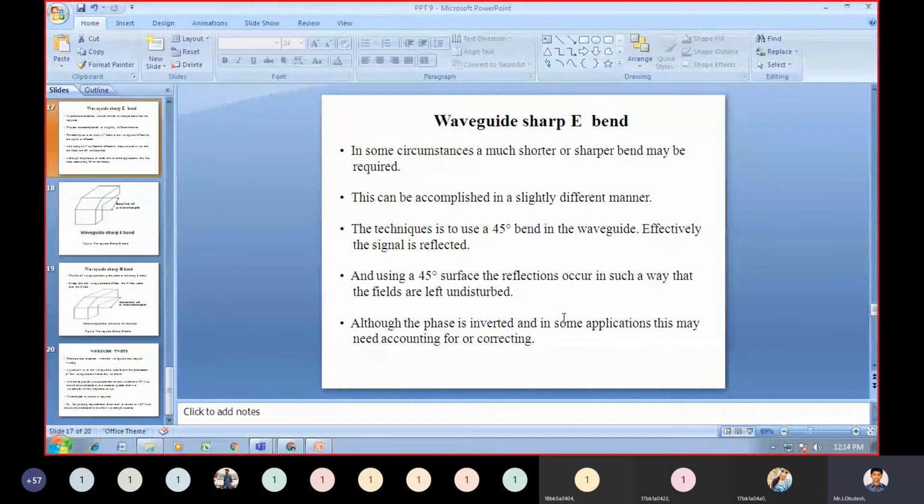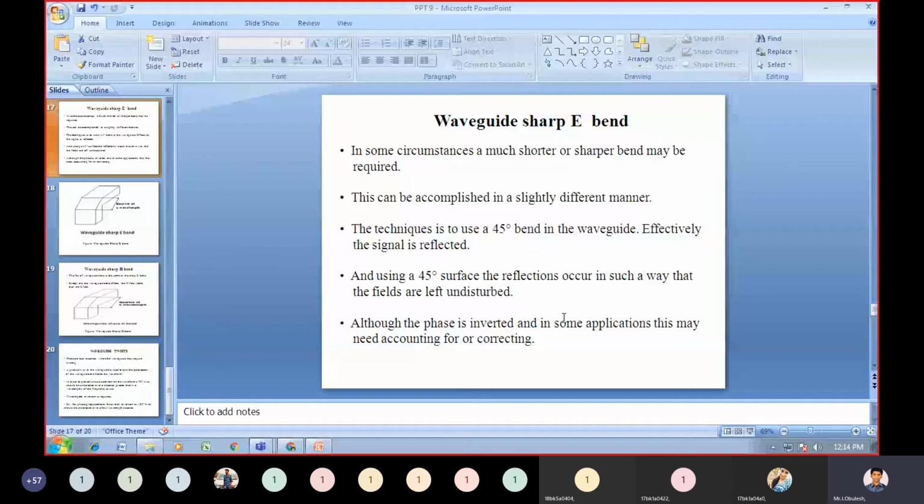Although the phase is inverted, in some applications this may need accounting for or correcting. The angle of this sharp E bend is 45 degrees.